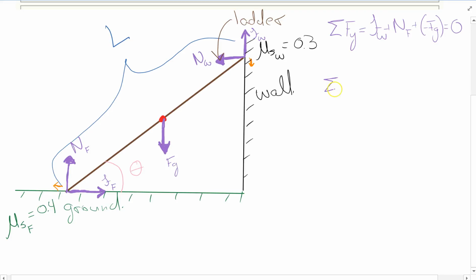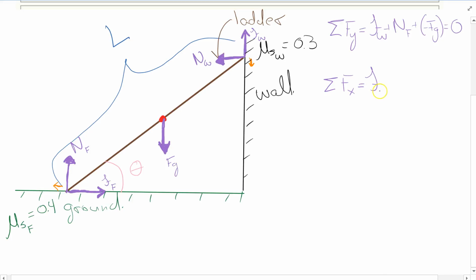I'm going to write my sum of forces in the x direction. Okay. And I have 1, 2 forces in the x direction, my friction force from the floor and my normal force from the wall. So I should have 2 terms in my sum of forces.